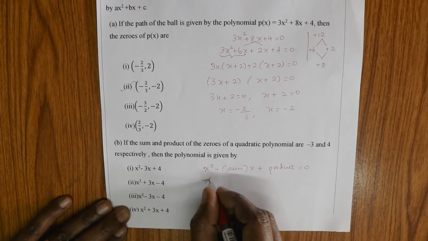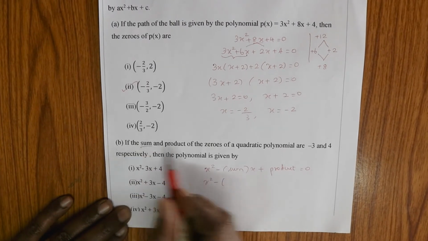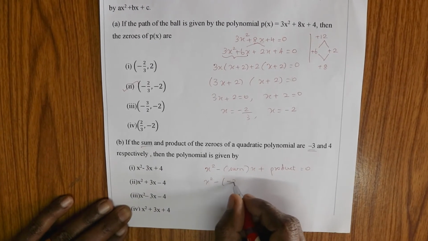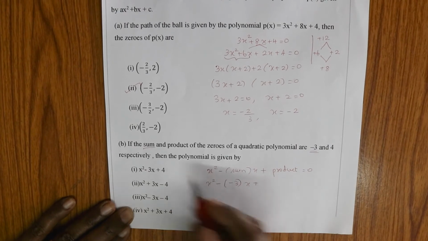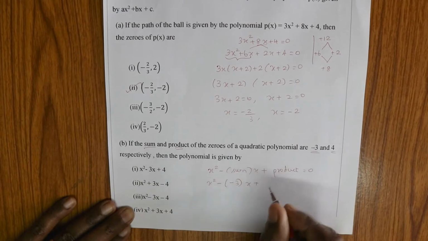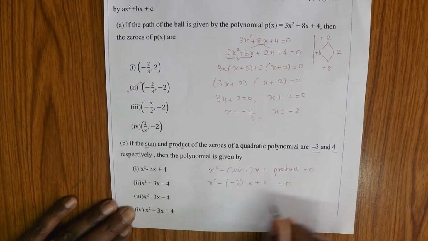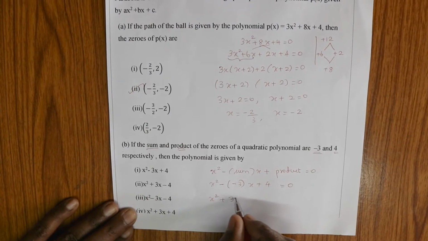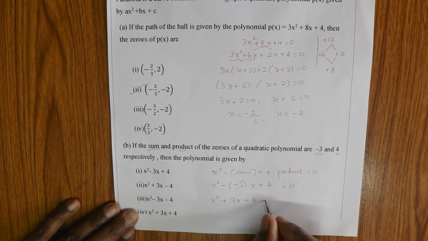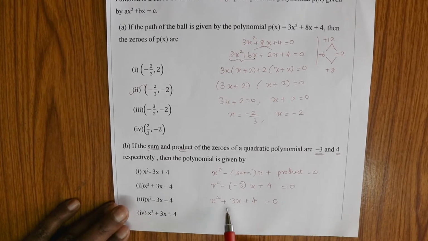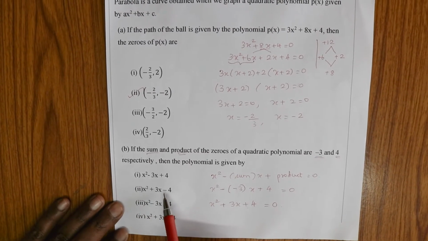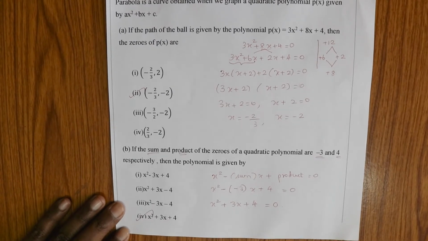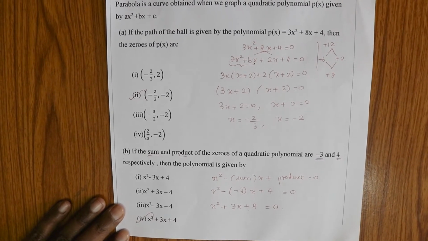The sum is minus 3, so minus 3 into x. The product is 4, so plus 4 equal to 0. So you will have x squared, minus into minus becomes plus 3x plus 4 equal to 0. Both are positive. So the fourth option. So this is the first and second option question.